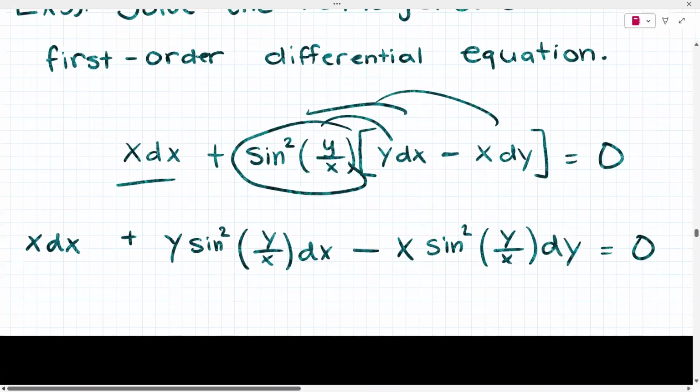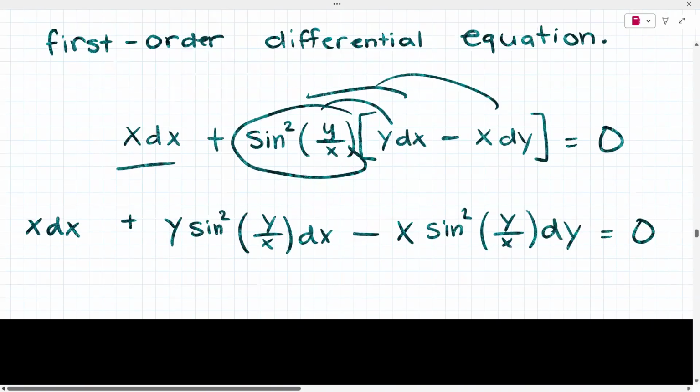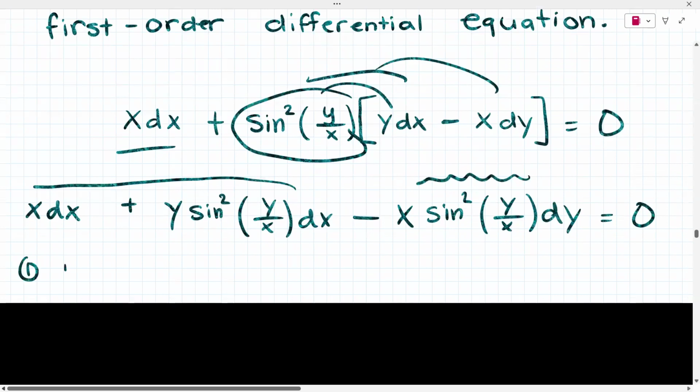And then which one is less complicated, your m or your n? I think your n is less complicated. This is your n. So n is less complicated.